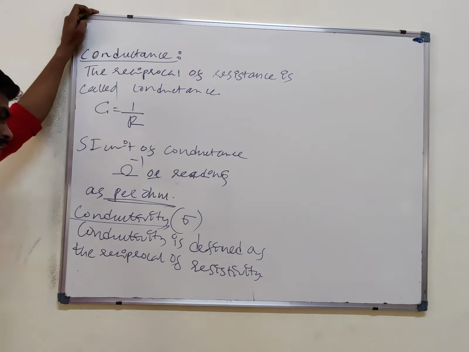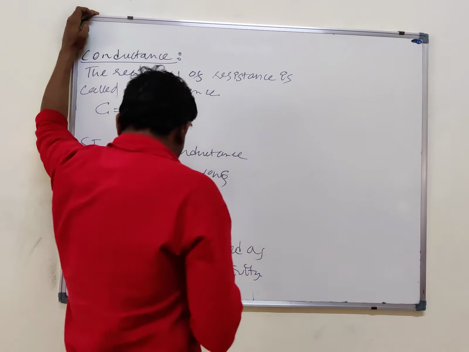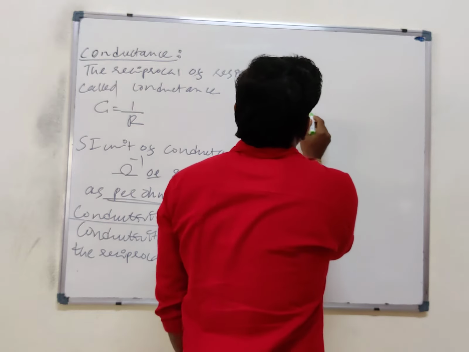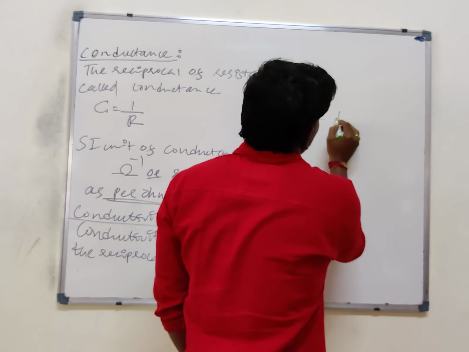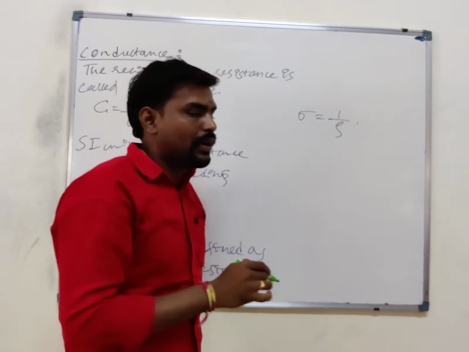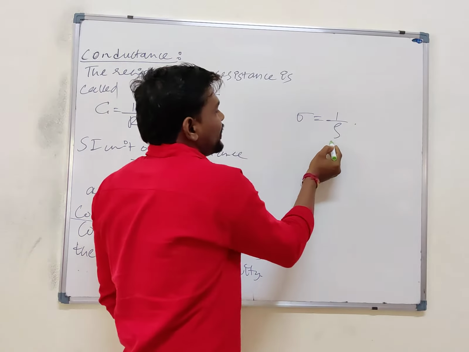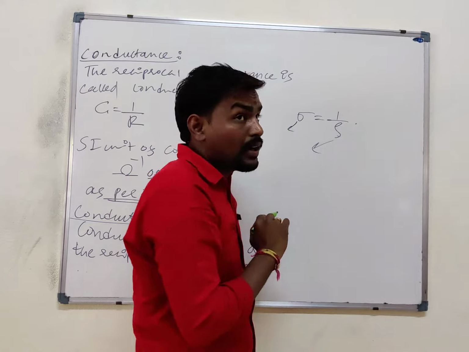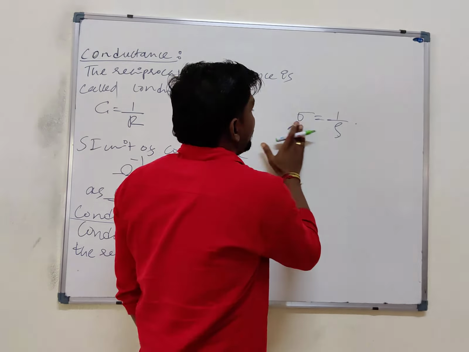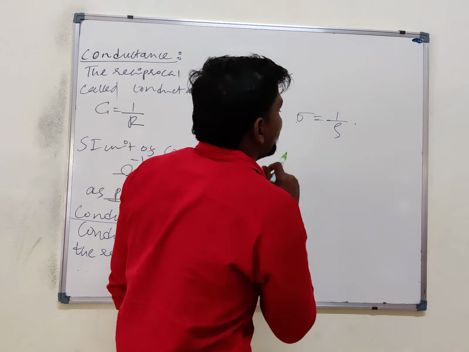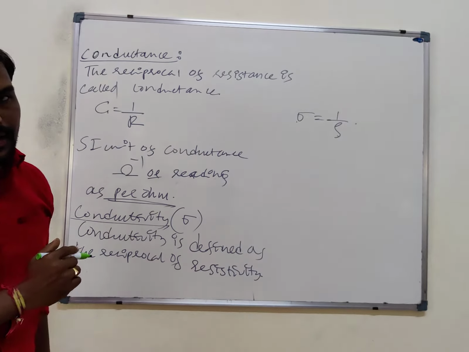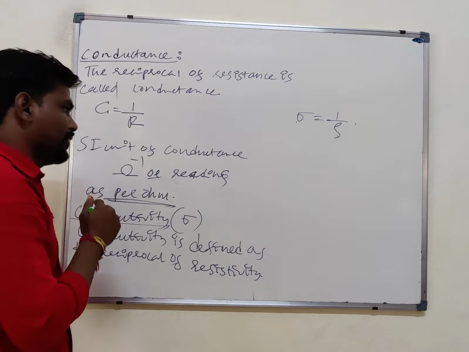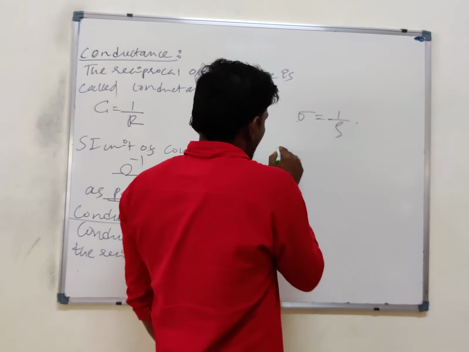So sigma is equal to 1 by rho. Rho is called resistivity and sigma is called conductivity. The reciprocal of resistivity is called conductivity.